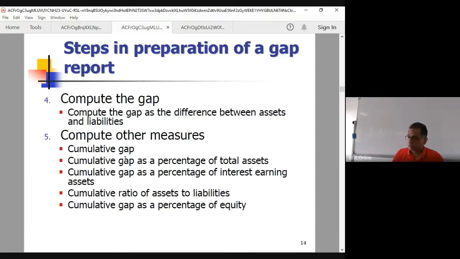So in other words, if I were to draw it out, you have assets here, liabilities here, and the different buckets here. Say in bucket 5, you have assets of 100, liabilities of 50. On a cumulative basis, you will have 50 positive here, then maybe you have 100 minus here.